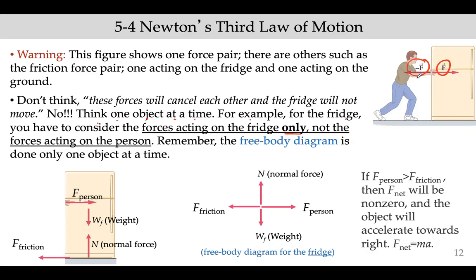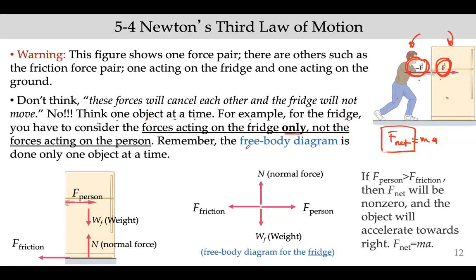The reason that this force pair does not cancel is because they are acting on different bodies. So this force on the right is acting on the fridge, but this force in the negative direction is acting on the person. So whenever we apply F net equals ma, we always look at the forces on one object, either the person or the fridge.